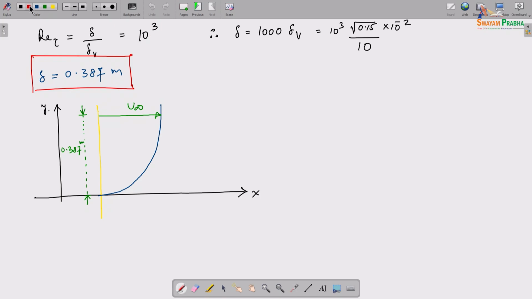Let's just say we have a height here. I'm exaggerating this, and this height, this is delta, and this is delta V, which is the viscous scale, which is delta by 1000.